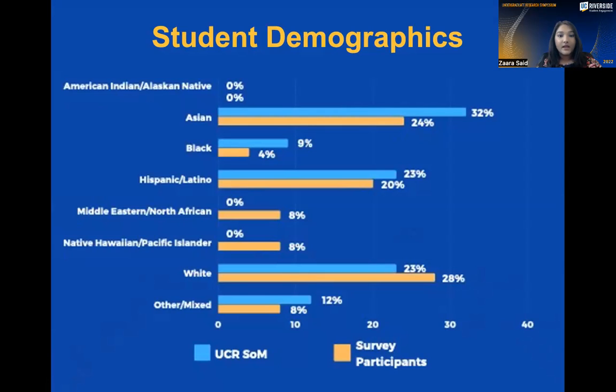But as you can see, the white and Native Hawaiian groups are slightly overrepresented, while Asians are underrepresented in this sample, with 24% of those participants identifying that way in the student survey versus the 32% that are present in the overall population. So students who selected other were slightly underrepresented as well.